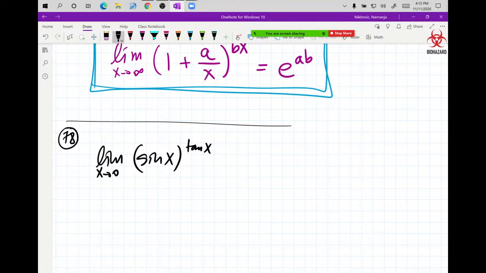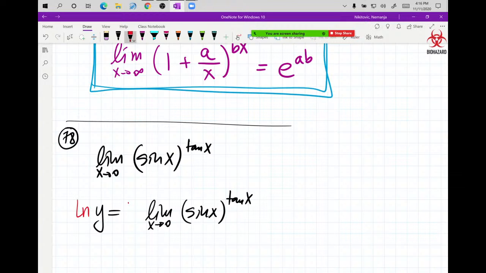All right. We know the drill. y equals, leave some space, limit as x goes to 0. You need to sneak in ln over here, so you leave some space: limit of sine x raised to the tangent x, and then you snuggle in ln on both sides.